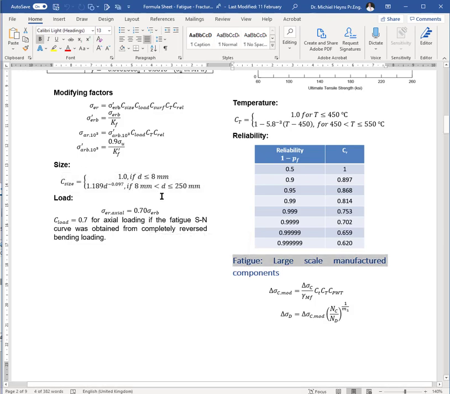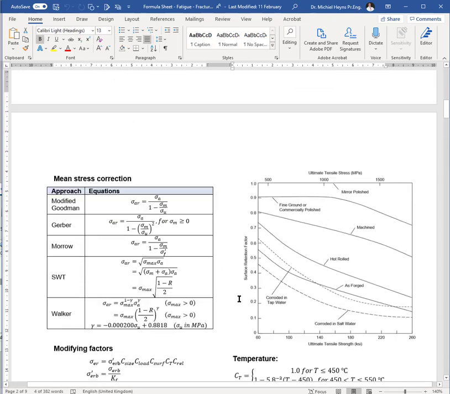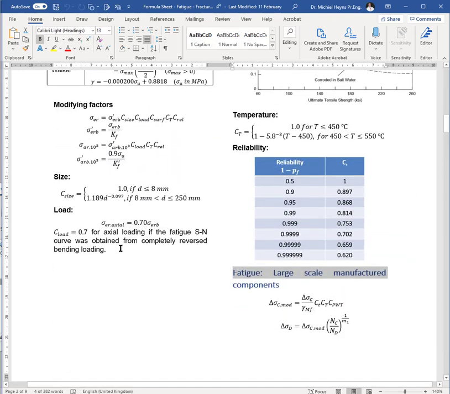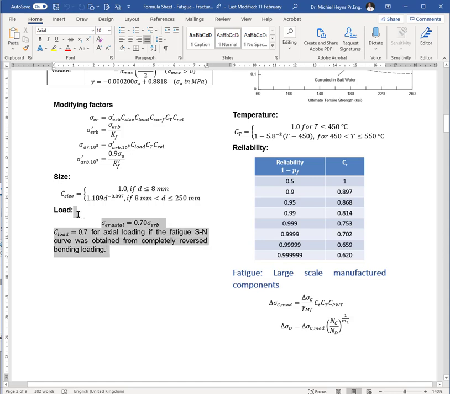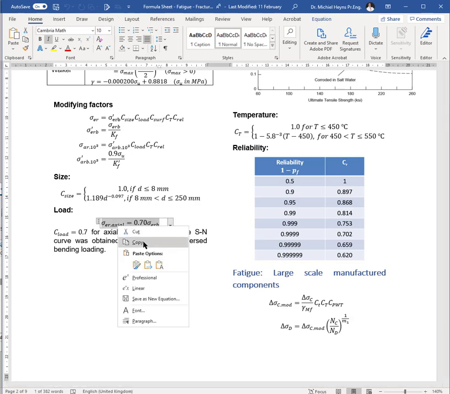The most important one that we need in this case is this one here. Remember, Dowling's handbook has many different examples there for load, and they also have very different ones for size. So make sure you take care of that. It's given in the table there. Now let's take this one. The loading.